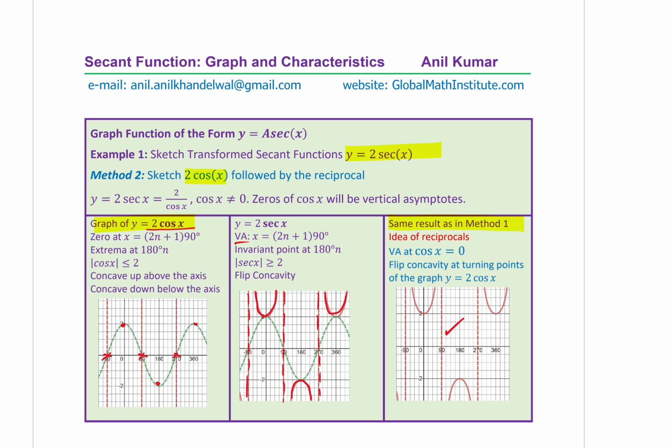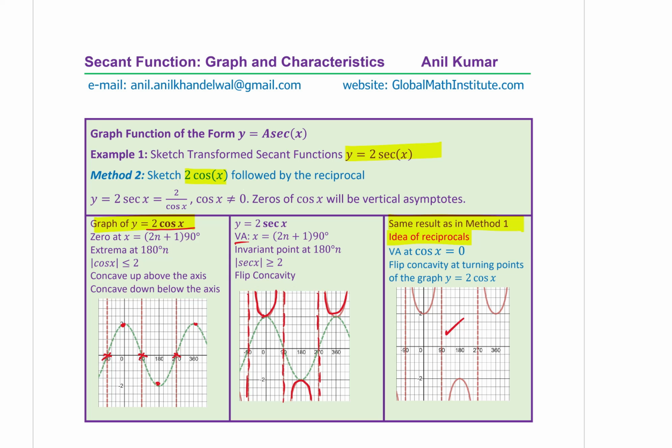Perfect. But this is a much easier way of sketching. So that is what we call the idea of reciprocals. Remember, 2 cos x is not the reciprocal of 2 secant x, correct? Remember that part, right? You should remember that secant x and cosine x are reciprocals.